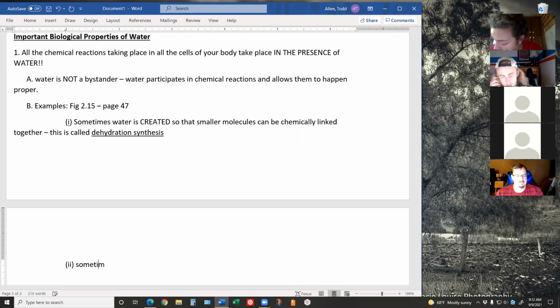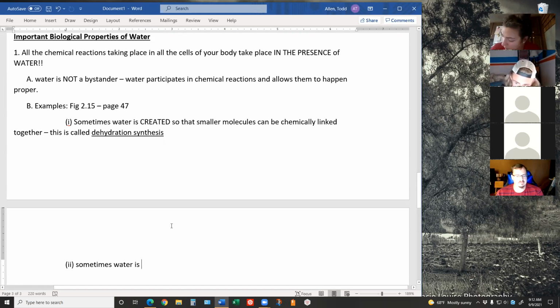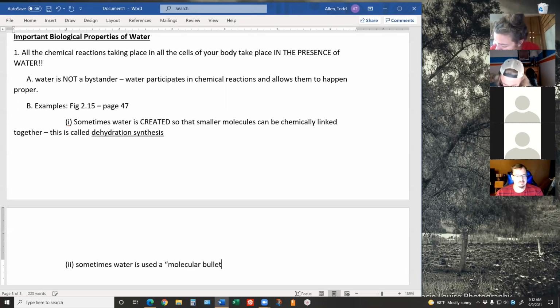Okay, sometimes water is itself broken down when it is used to break other bonds apart, to actually break large molecules into small molecules. Sometimes water is used as a molecular bullet to smash large molecules apart to form smaller molecules.